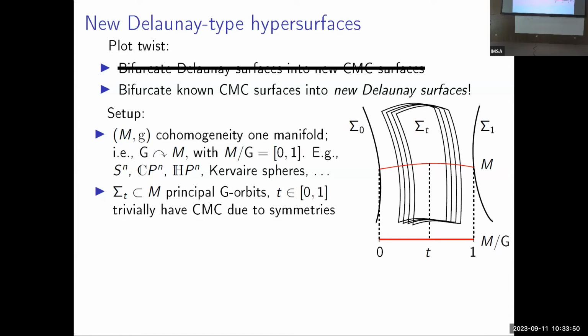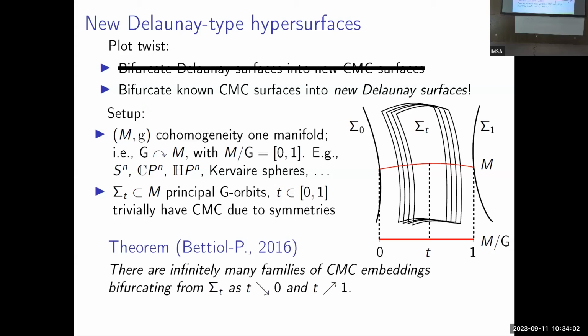So we have this collapse phenomenon, and we have CMC surfaces invariant by this big group, and then they collapse. And what we prove is that as they collapse, bifurcation must occur. So when they collapse, their mean curvature goes to infinity in a sense, even if it's constant, of course, because the curvature of a very small circle is very big, right?